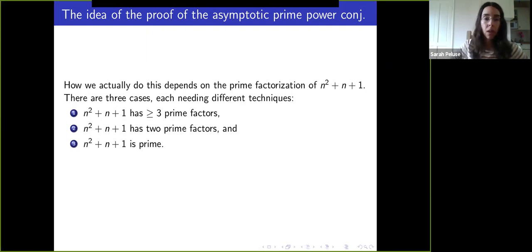And as the number of prime factors decreases, of course, the size of the set of n that we have to bound decreases. So if you just deal with the first case, that's enough to get a big O of n over log n bound. And also, as the number of prime factors decreases, the difficulty of the argument increases.